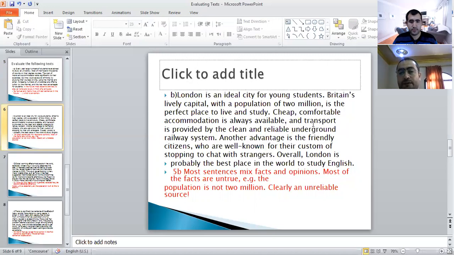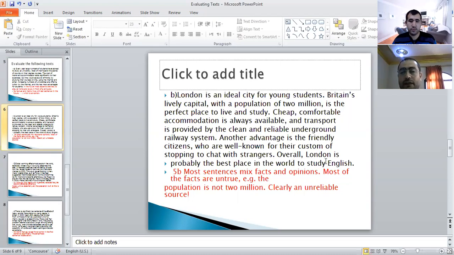Cheap, comfortable accommodation is always available, and transport is provided by the clean and reliable underground railway system. Another advantage is the friendly citizens who are well known for their custom of stopping to chat with strangers.